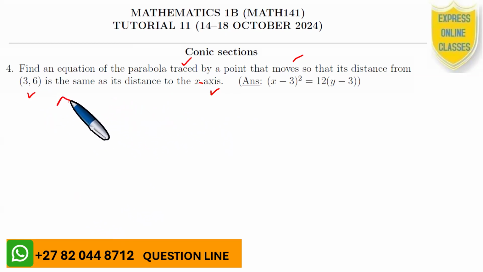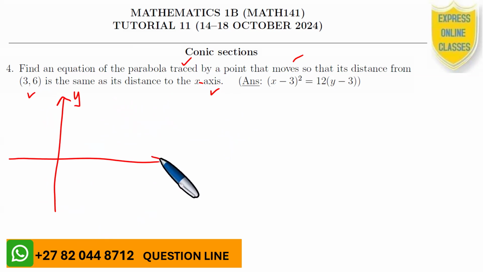This is more like we need to picture it because there are some movements here. With movements, we don't describe things in terms of the movements. Most of the time, we describe things in terms of the directrix, the vertex, the focus, and so on.